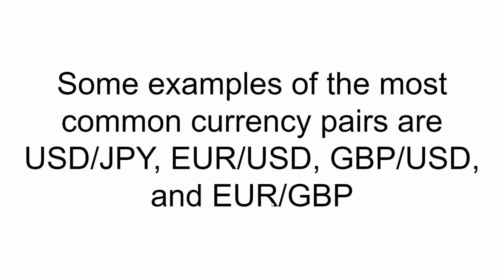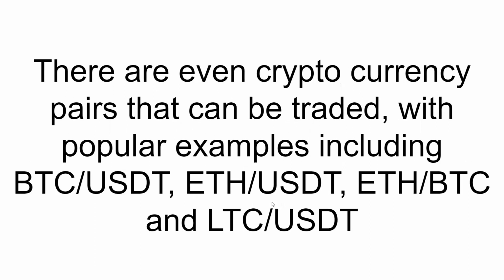Some examples of the more common currency pairs are USD versus JPY, Euro versus USD, GBP versus USD, and Euro versus GBP. There are even cryptocurrency pairs that can be traded, with popular examples including Bitcoin versus USDT, Ethereum versus USDT, Ethereum versus Bitcoin, and Litecoin versus USDT.